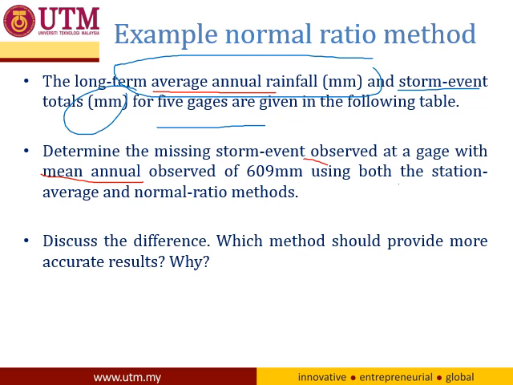So this station has its storm event data missing. Then you may discuss the difference, using both the station average and the normal ratio method. Use the first method, which is just the average, and the normal ratio method, which I just explained. Try to discuss the difference, which method should provide more accurate results and why.